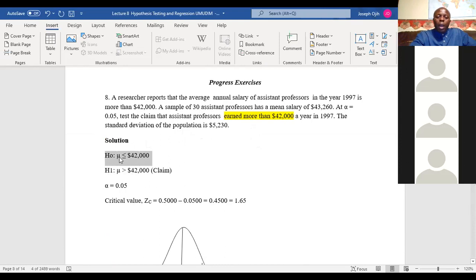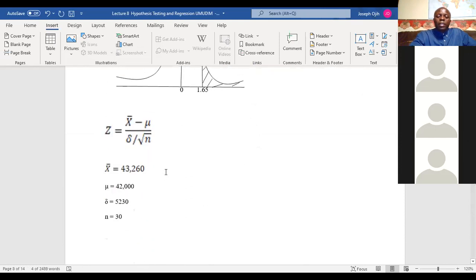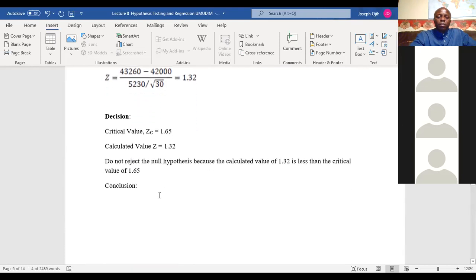Since we did not reject the null hypothesis, we are not accepting the alternative hypothesis. So we can say that there is insufficient evidence, or there is not enough evidence, to support the claim.